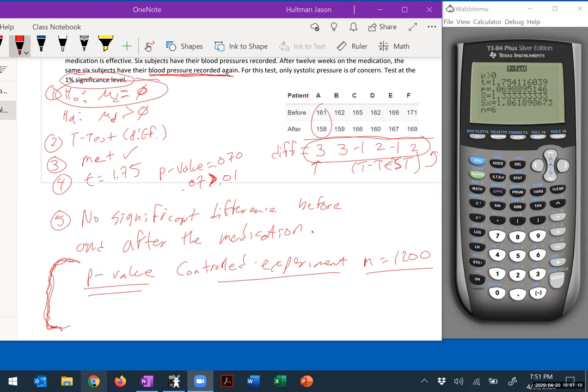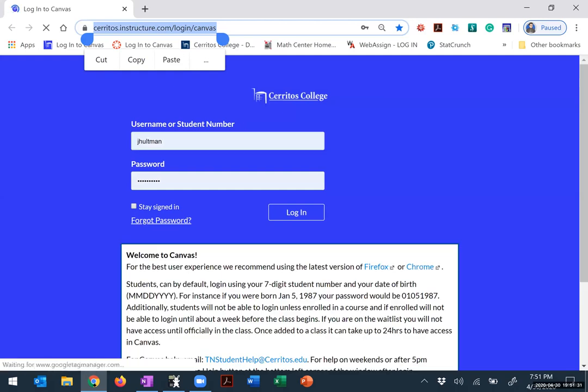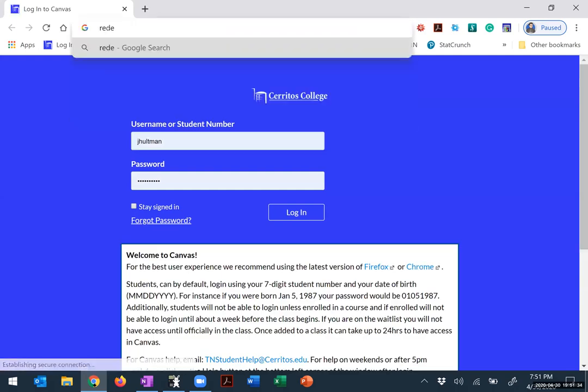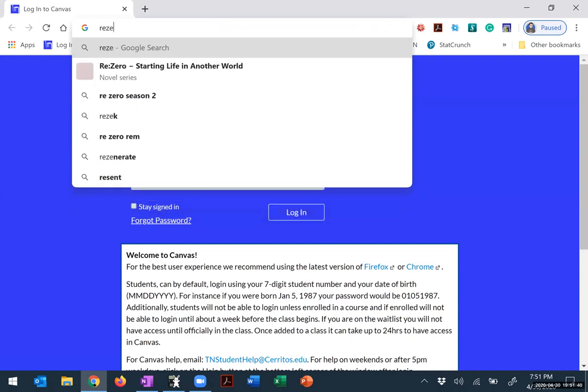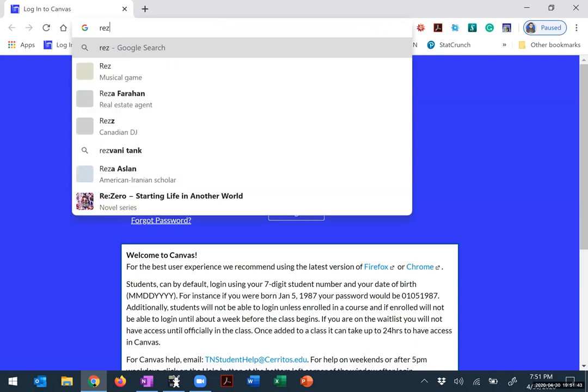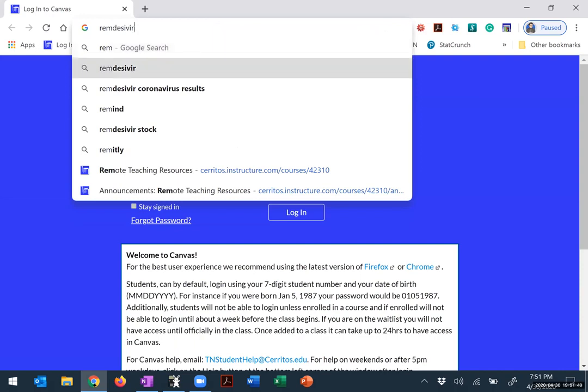So it seems to be a first step in this, but he stated the p-value, so I thought that was kind of cool. I'm Googling it. Remdesivir, that's what it's called.